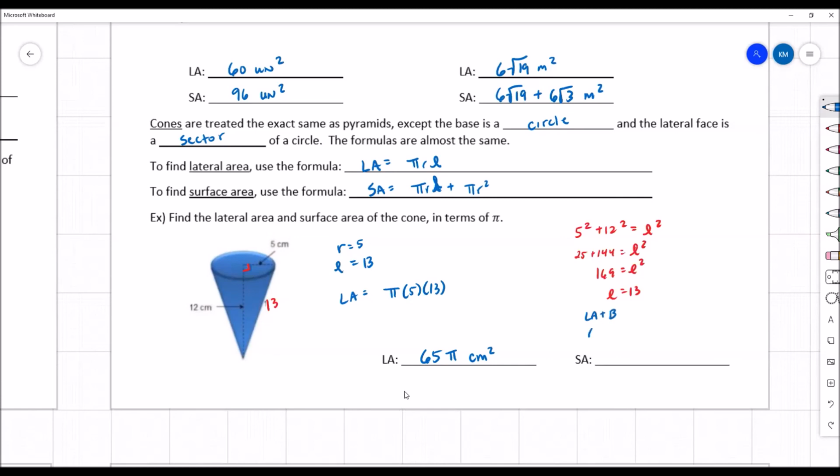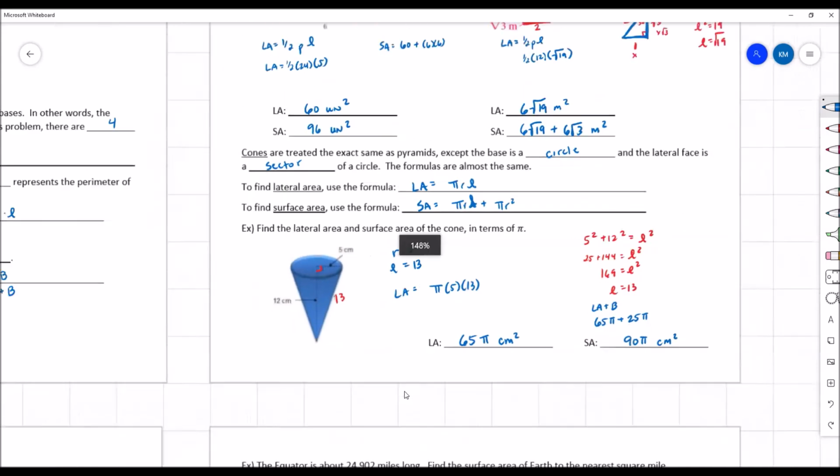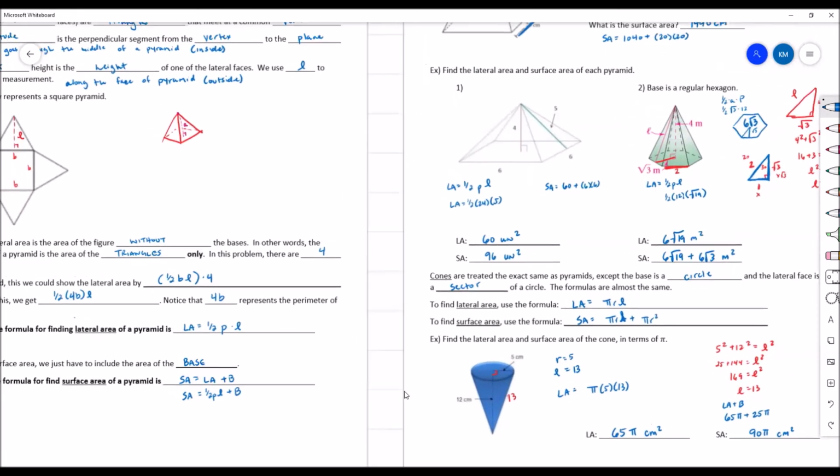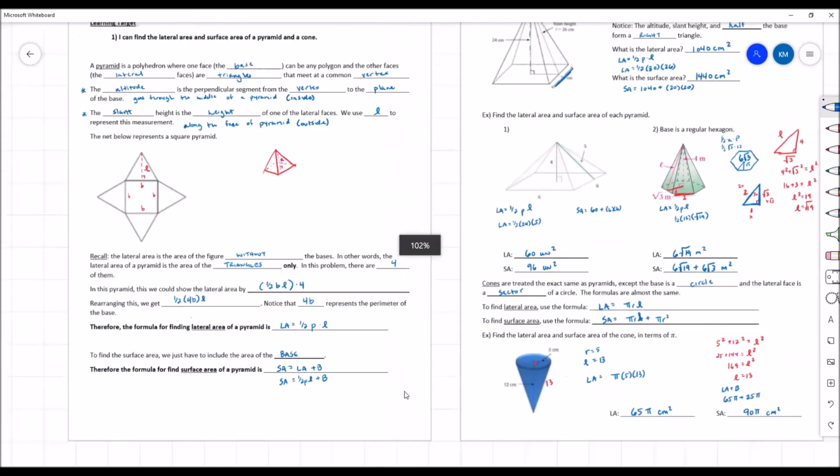So we've got 65 pi plus pi r squared. Our radius is 5, so 25 pi, which gives us 90 pi. Okay, and so there you have it. That is us finding the surface area of pyramids and cones. See ya.